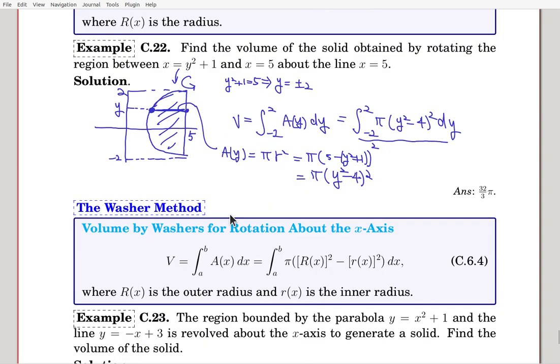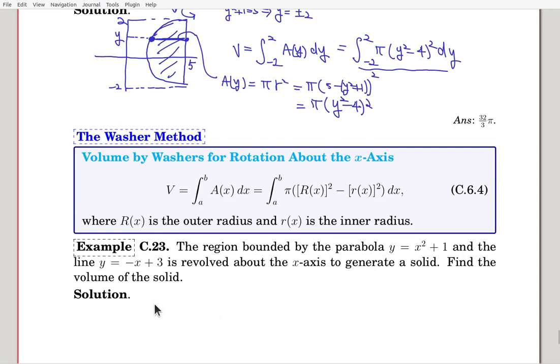And again, the same idea can be used for computing the volume when each cross-section is a washer. Now the larger one minus the smaller one will be the required volume.